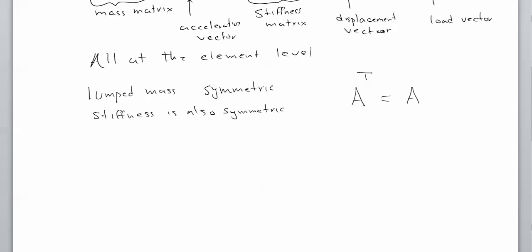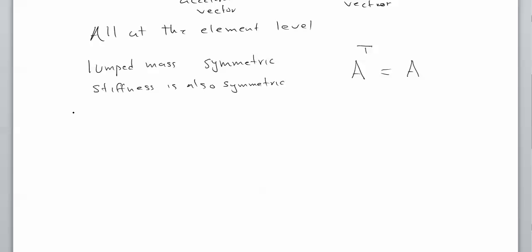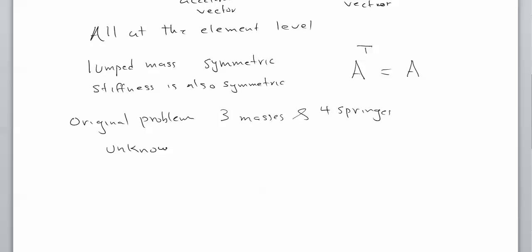But remember, our objective when we go to our original problem, the original problem involved 3 masses and 4 springs. I don't want to go back to the diagram here, but you can go back to segment 1 and see what the arrangement was. And remember, the unknowns were x1, x2, x3, x4, x5.